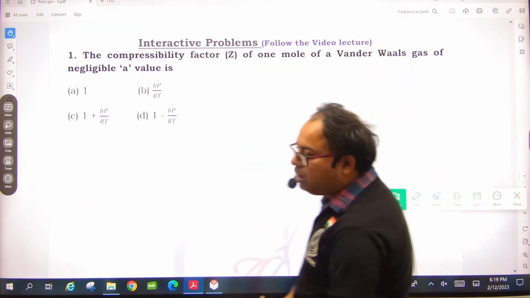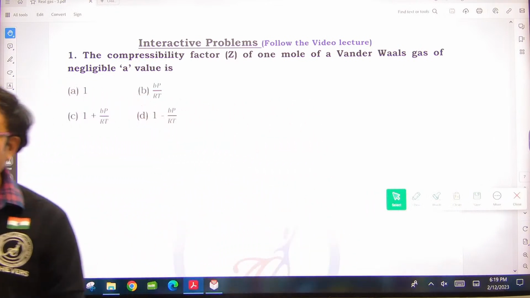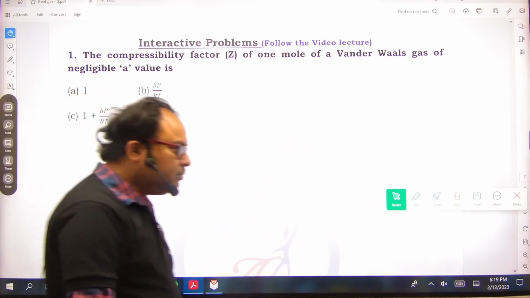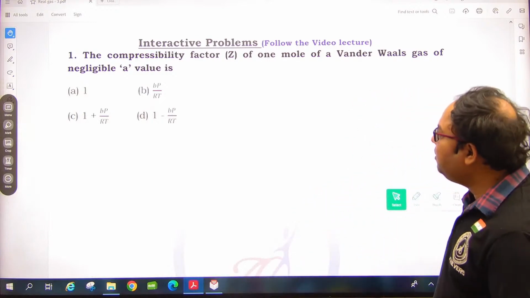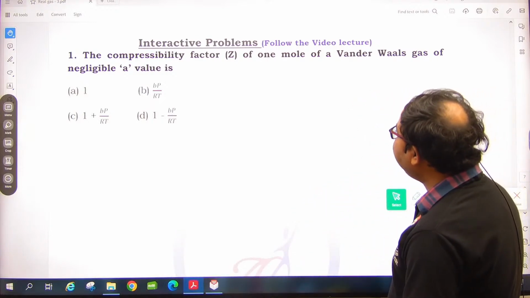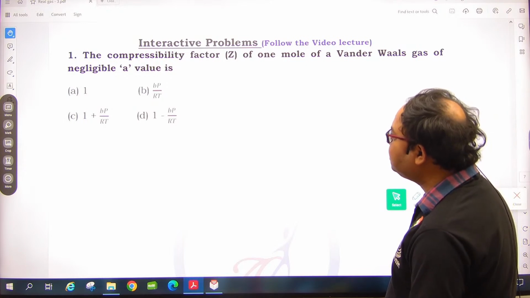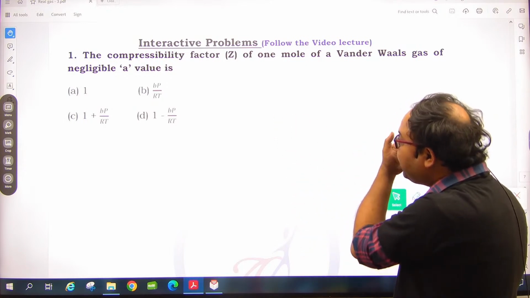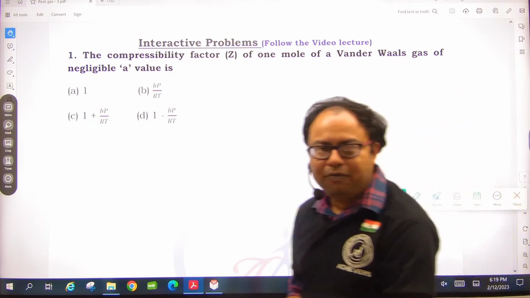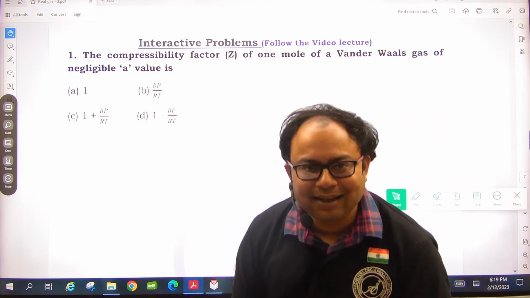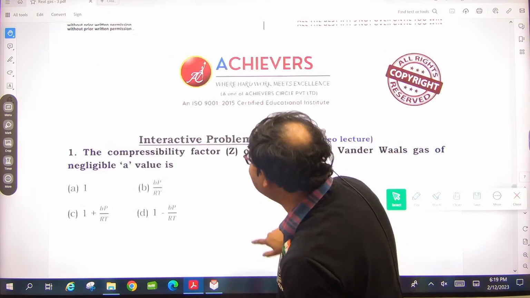Now we'll do a few interactive problems over here. The first problem: the compressibility factor of 1 mole of a Van der Waals gas of negligible A value is, what should be the compressibility factor for negligible value of A? We have already done this. Let us check the special case.